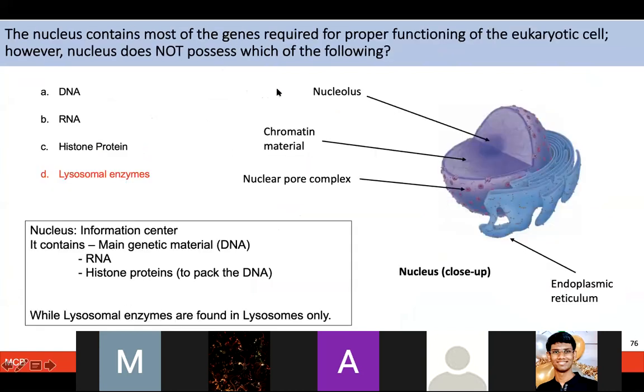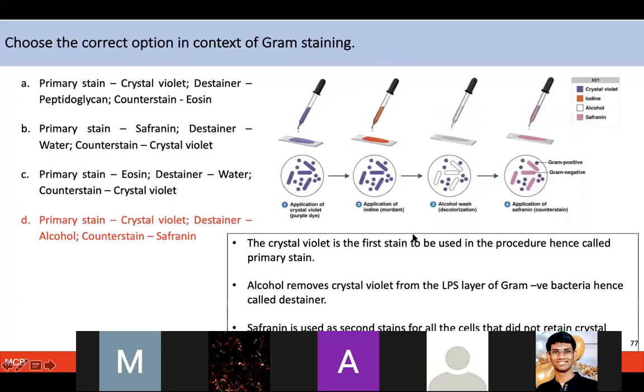In the nucleus, most of the genes are there from DNA, RNA, and histones. Lysosomes are not there; lysosome enzymes are a different organelle. In the case of gram staining, we talked about different steps, from the crystal violet to washing it off with the decolorizer alcohol wash, then adding the safranin as a secondary counterstain.